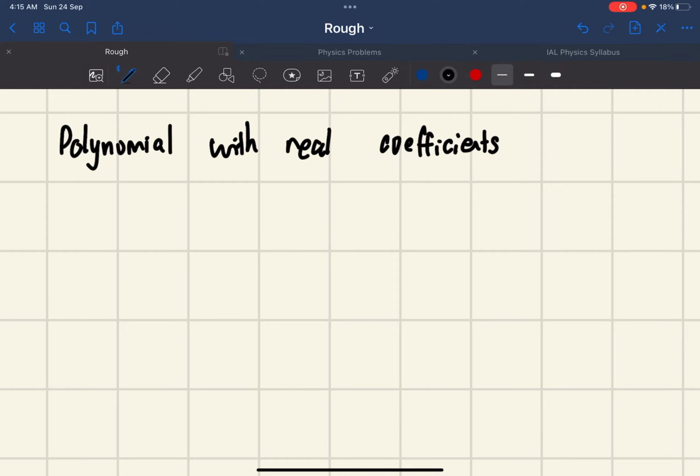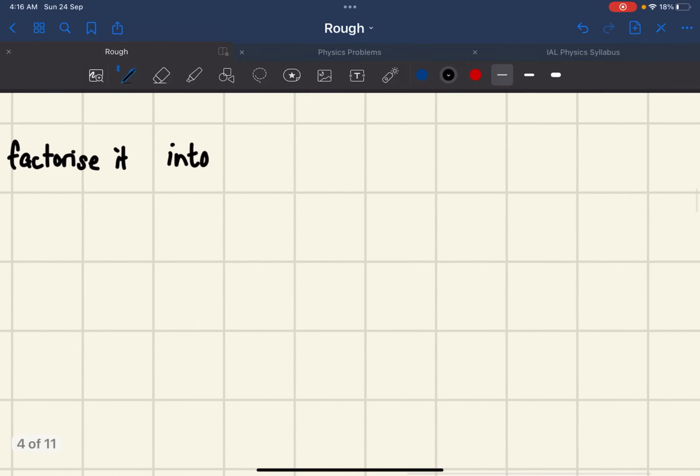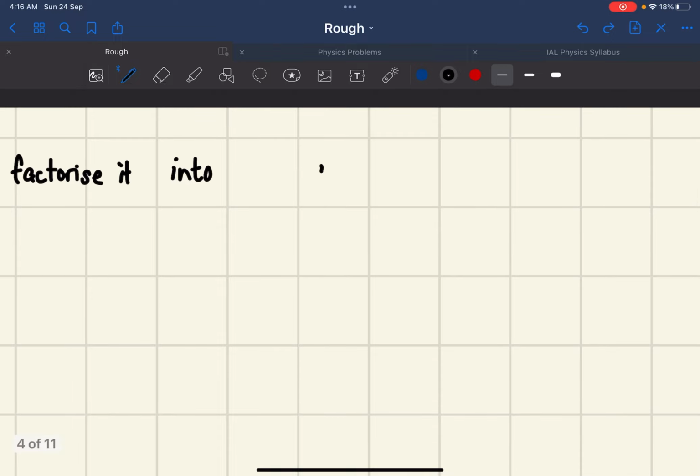So when you see a polynomial with real coefficients, you can factorize it into linear terms. So linear terms being, this is a linear term.